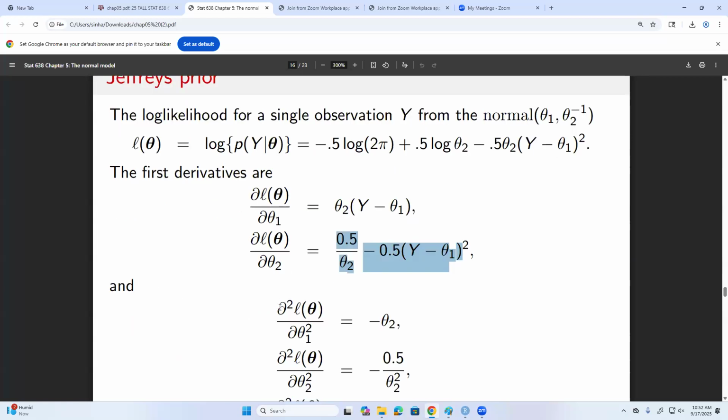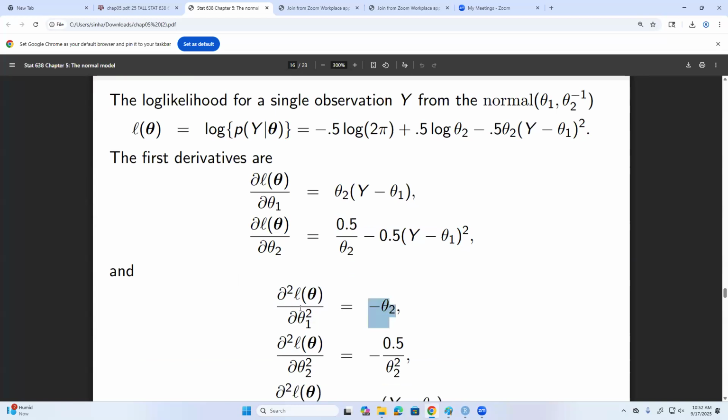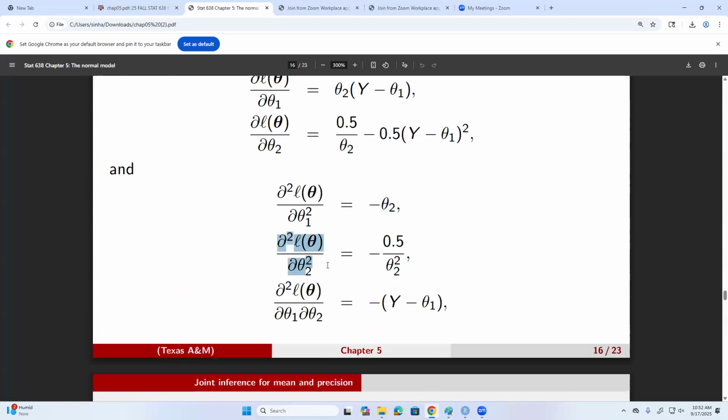And we need to take one more derivative, the second derivative of the log likelihood with respect to theta 1 squared, which is minus theta 2. And this is the cross derivative, where you take the double derivative, one with respect to theta 1, the other with respect to theta 2.